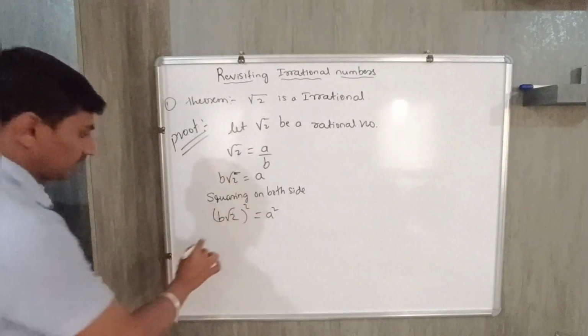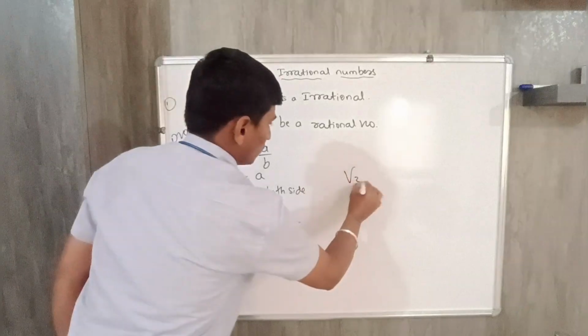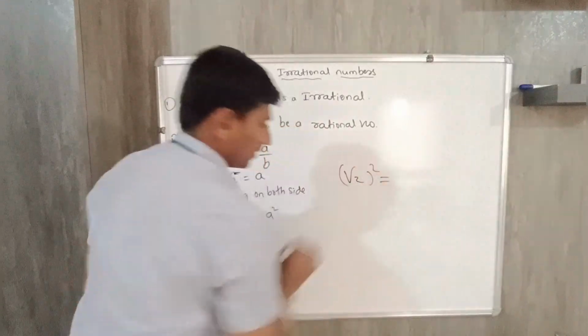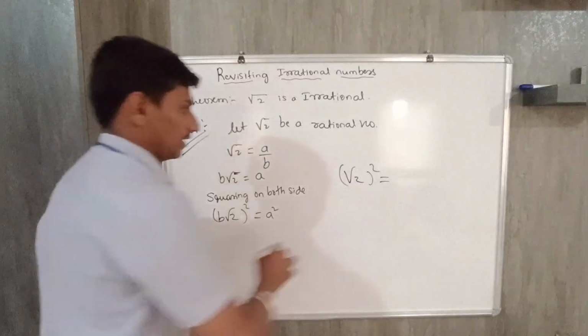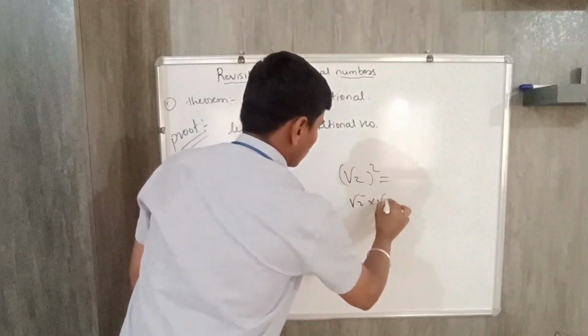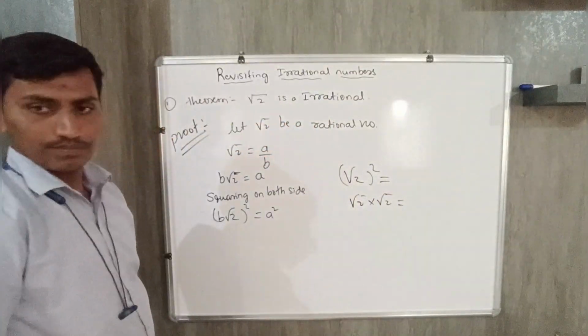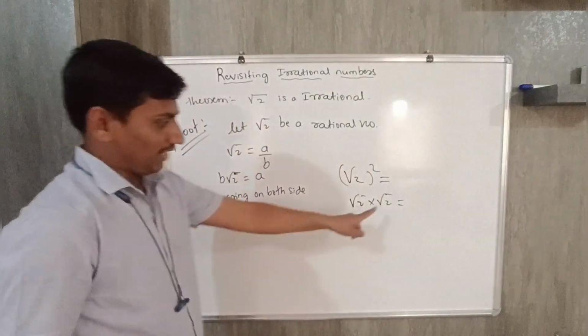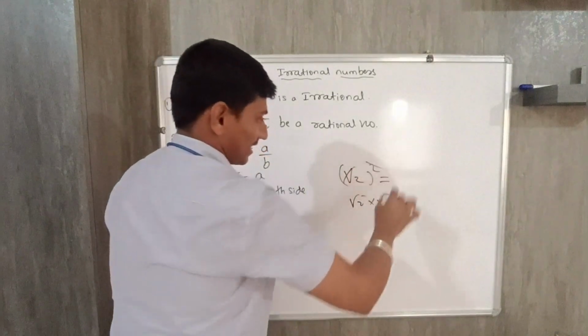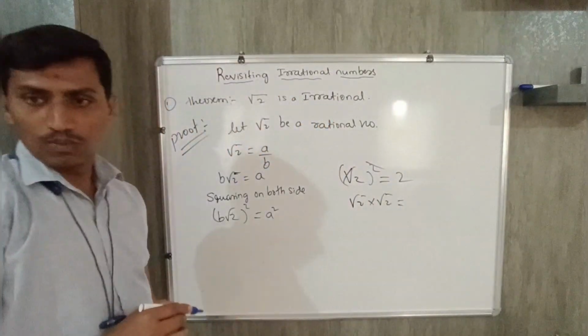Root 2 whole square is what? Root 2 into root 2, the root and square cancel, so it is only 2.